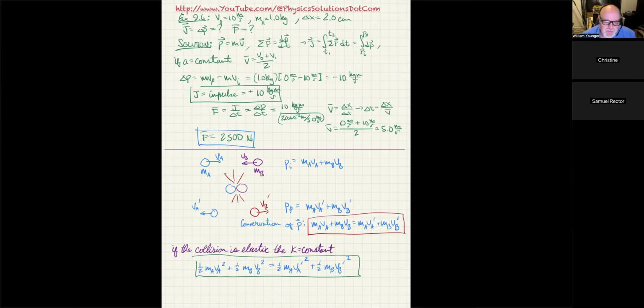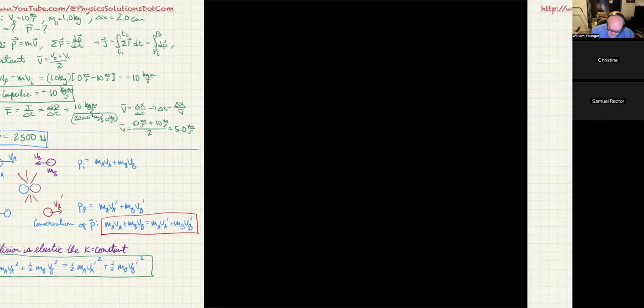All right, so that's the two conditions we're going to use, and we'll generalize that to higher dimensions later. But right now, we're going to apply this, and I'm going to show you a neat little trick that allows us to figure out something about one-dimensional head-on collisions that are elastic. Okay, so I'm going to take these equations. Let's write them up here.